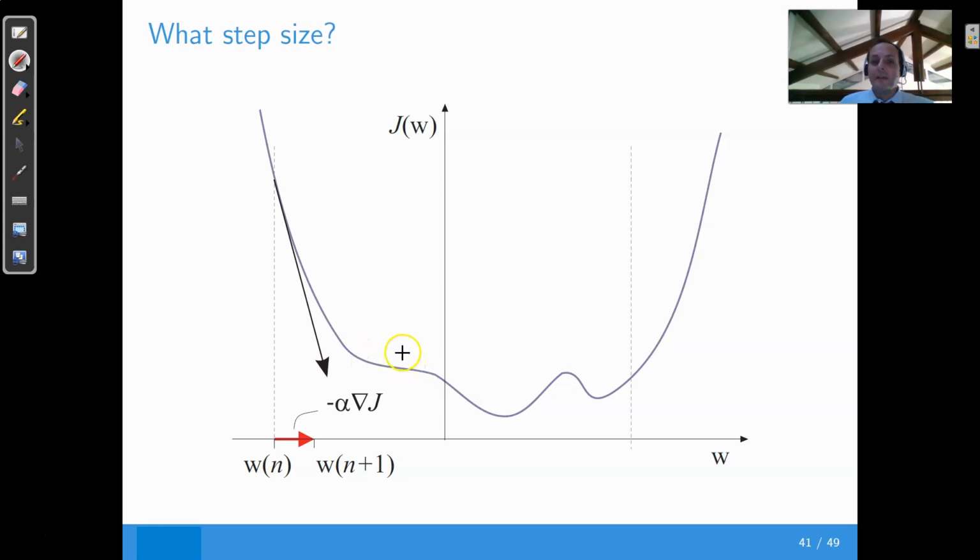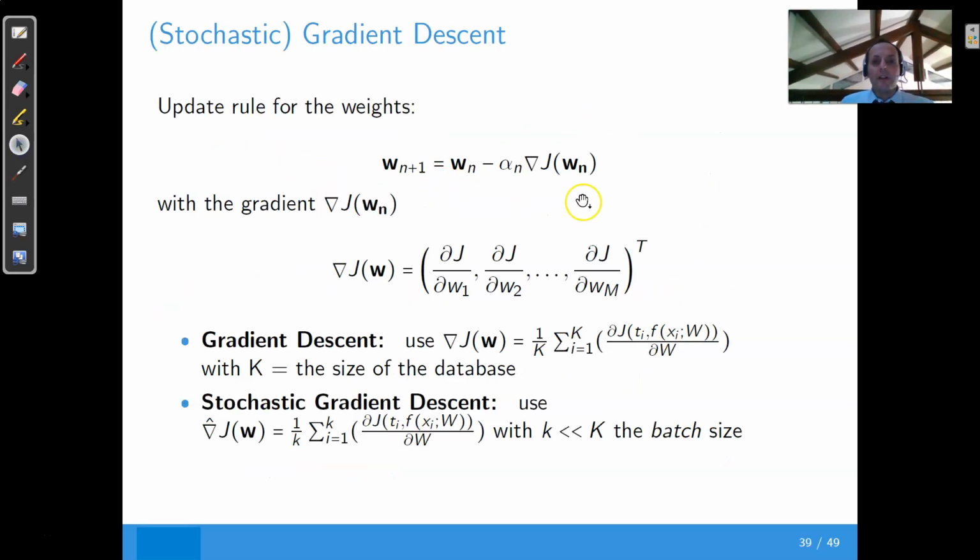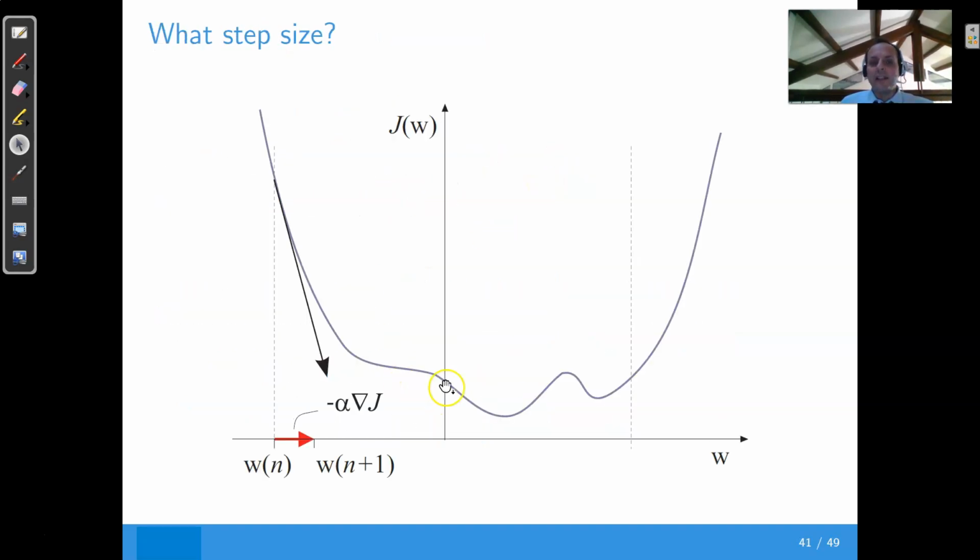If the gradient is very small, it takes a lot of time for updating and going in the right direction, for example to find the global minimum of your cost function.